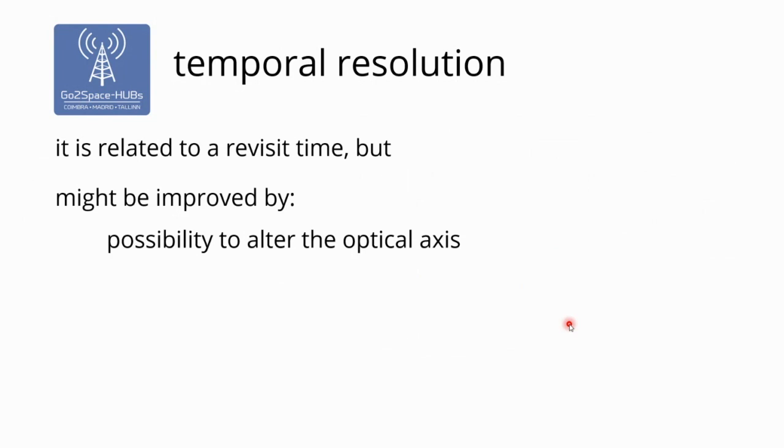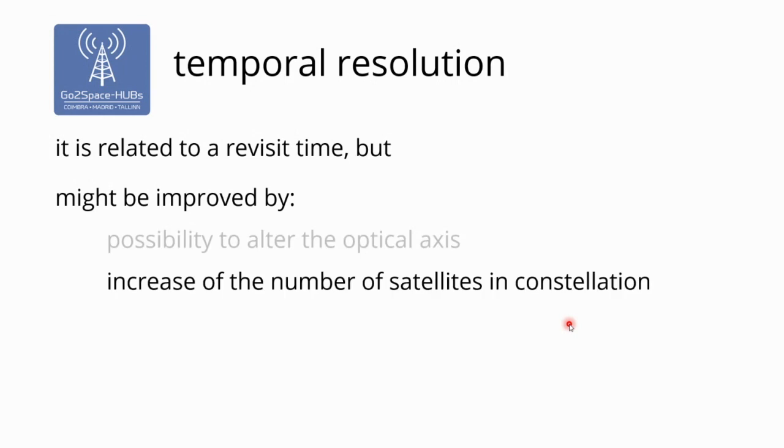But we cannot wait. So we fly over, I don't know, Lisbon in Portugal, and we alter the optical axis using a mirror or whatever, and from over Lisbon we take the image of Madrid. So that's one way to increase this temporal resolution, but also simply by increasing the number of satellites in the constellation. That's as simple as that.